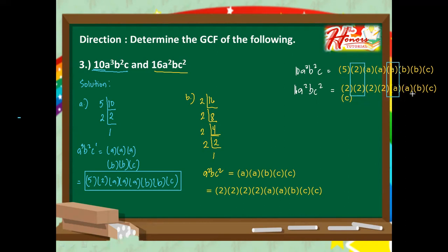And then B and A, no, but they can still be partners here. So this one and this one, it's fine. Next for B, we have here B and B and C and C.